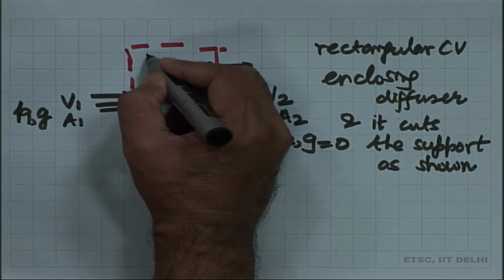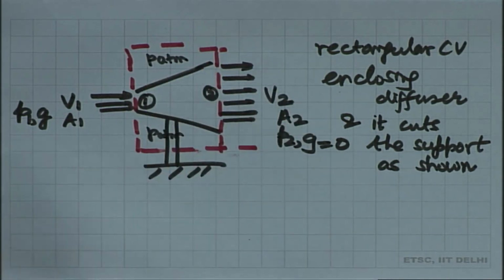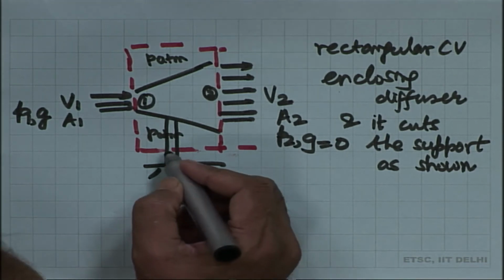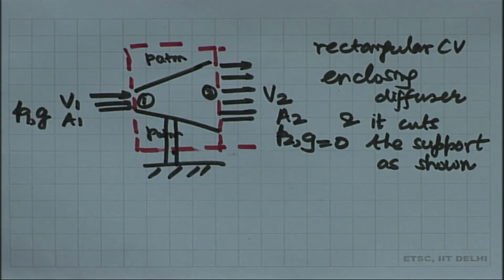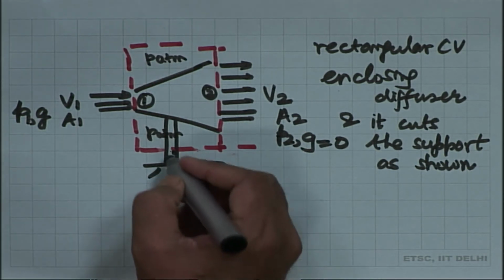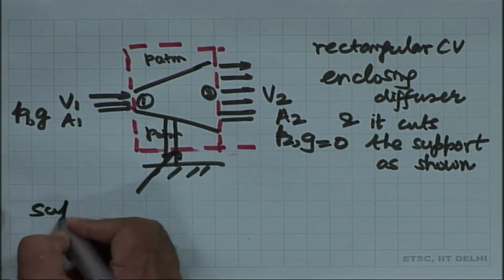Now, all the area outside is P atmosphere. But if I look at this control volume, the control volume is cutting the support.